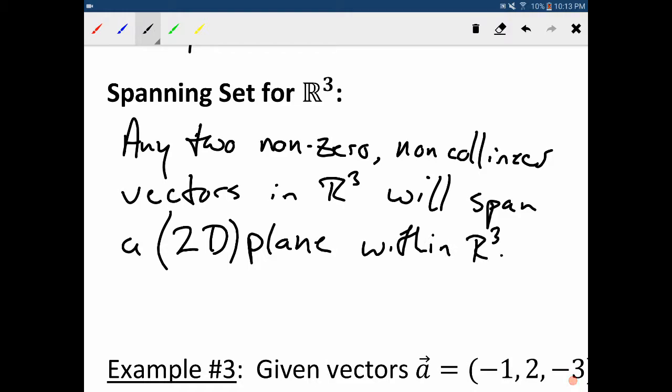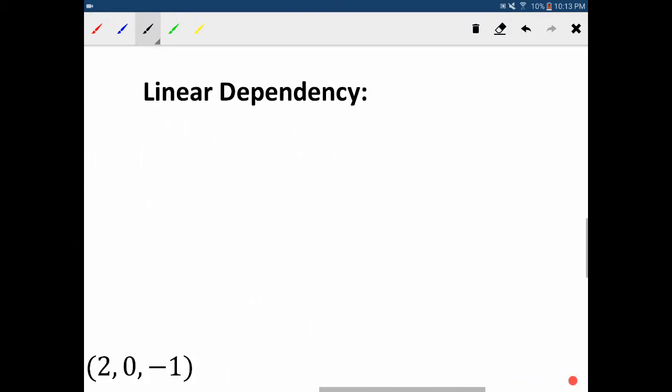Okay. So, if that's true, we have this thing called linear dependency.